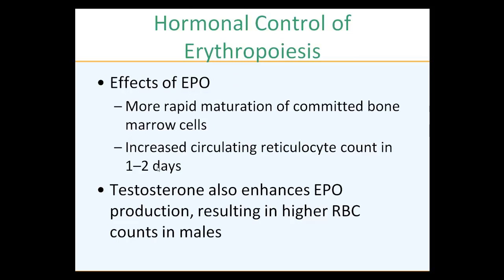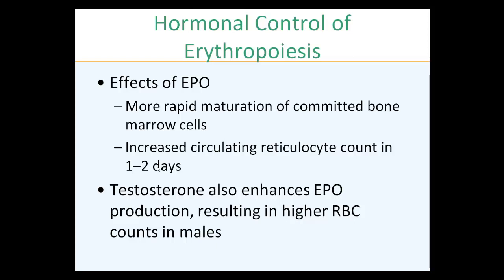Okay. So erythropoietin will cause rapid maturation of the committed red bone marrow cells. It will increase the circulating reticulocytes, and then thereafter the red blood cells in 1 or 2 days.